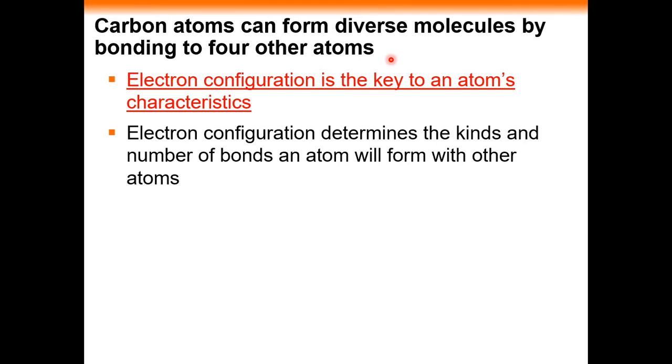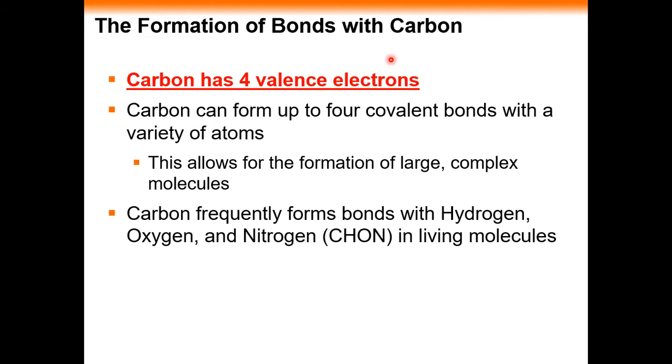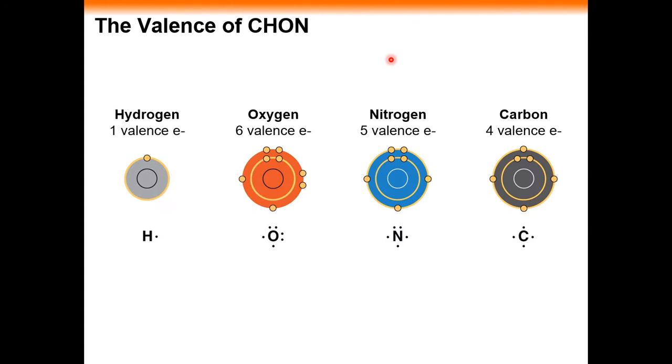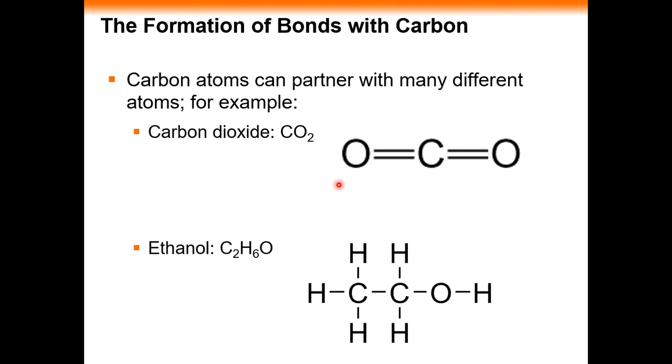Then we said carbon is so versatile as a molecule because it has 4 valence electrons, and that allows it to bind to different things like H, O, and N: hydrogen, oxygen, nitrogen, and carbon itself. Here's carbon, it can form a double covalent bond here and here with oxygen, they both satisfy the octet rule, and same thing down here.